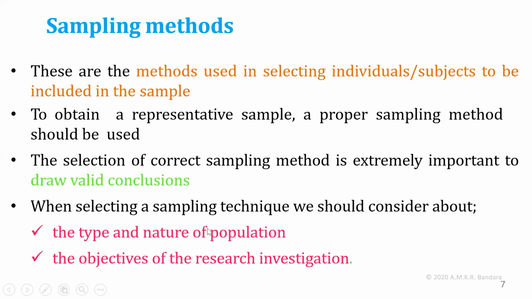Sometimes if the population is heterogeneous, we can use some other sampling method. Homogeneous means all the individuals are similar. Heterogeneous means some individuals are different from other individuals.